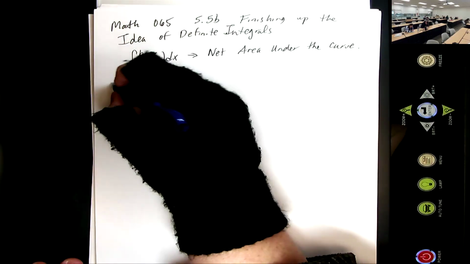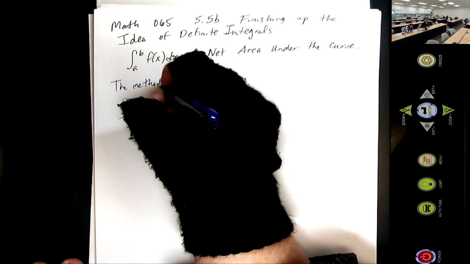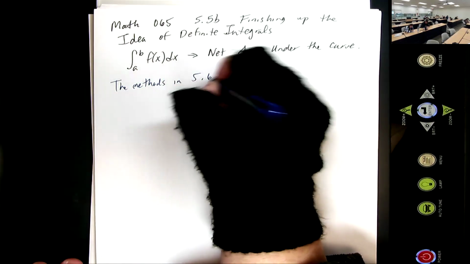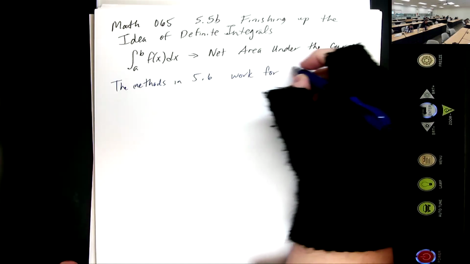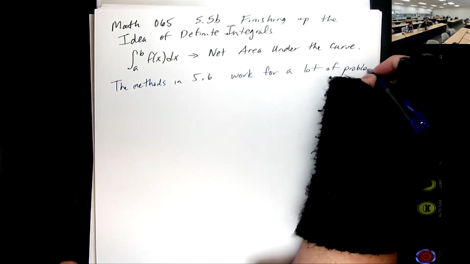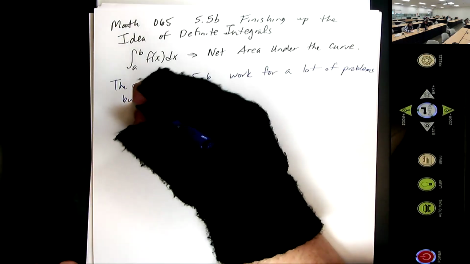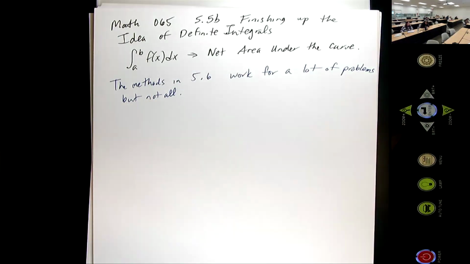The methods in 5.6 work for a lot of problems, but not all. So keeping in mind it's net area under the curve, we can take advantage of it.